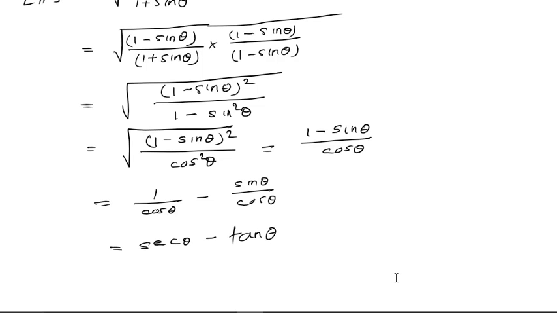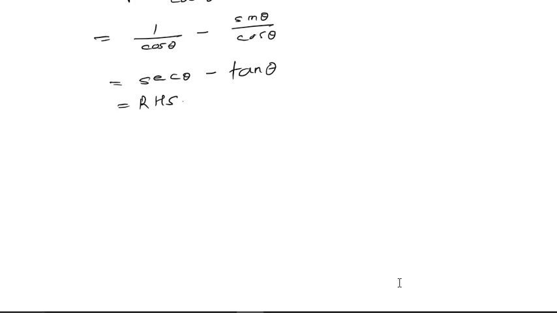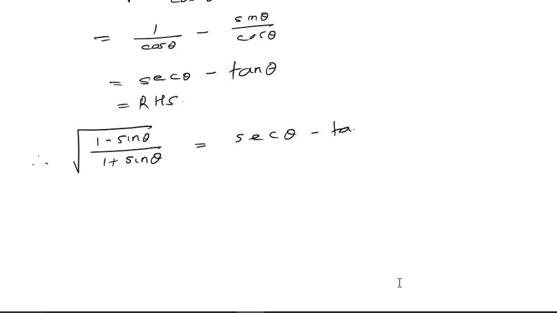This is our RHS. Hence, therefore, root of (1 minus sin theta) upon (1 plus sin theta) is equal to sec theta minus tan theta.